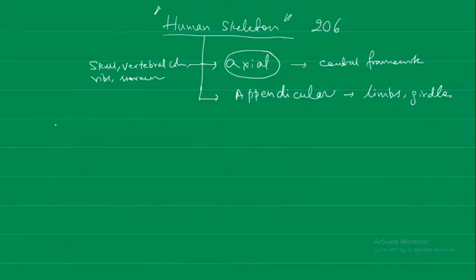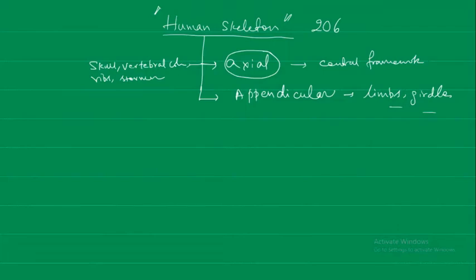We can look at the structure of the skull, vertebral column, sternum and ribs, and then the appendicular skeleton, the bones of the limbs and girdles, in detail in our next video.